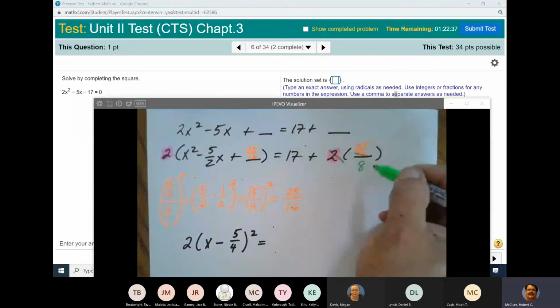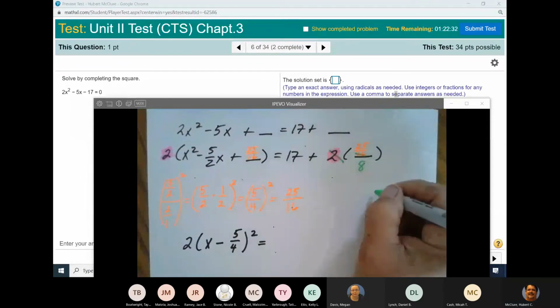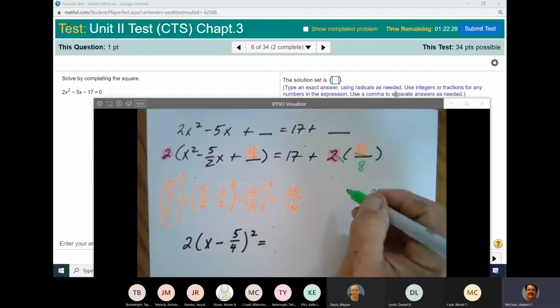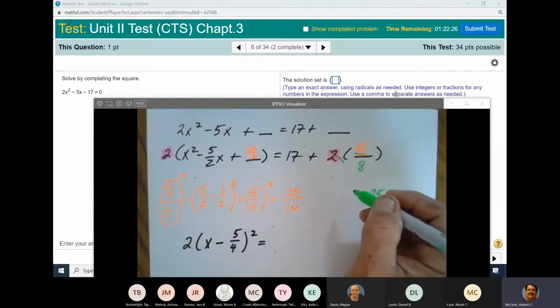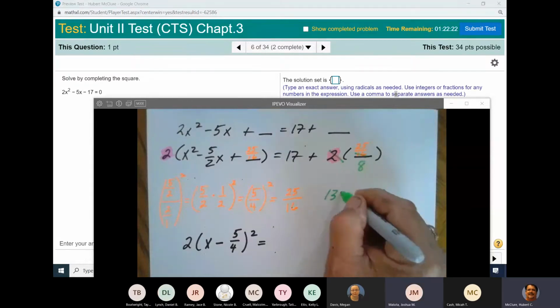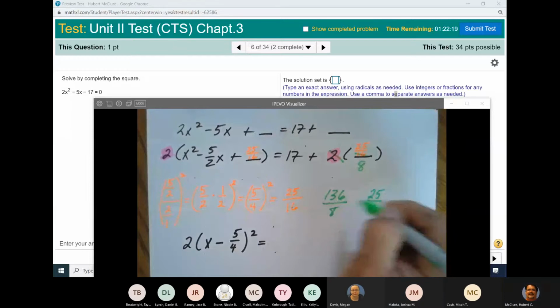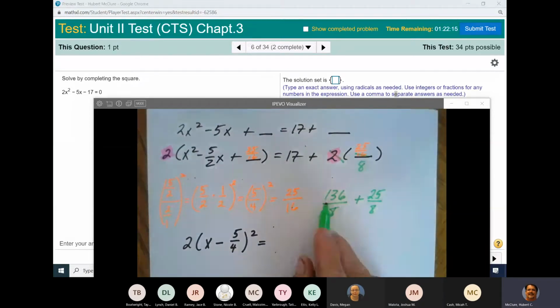Somebody multiply 8 times 17 for me, please. 136. 136 over 8 plus, and what does that come out to be? 25 over 16 times 8 is 25 over 2, so 136 plus 25, 161 over 8.